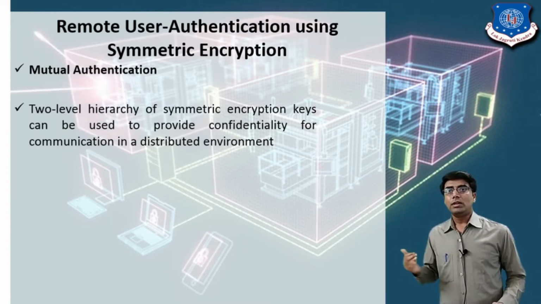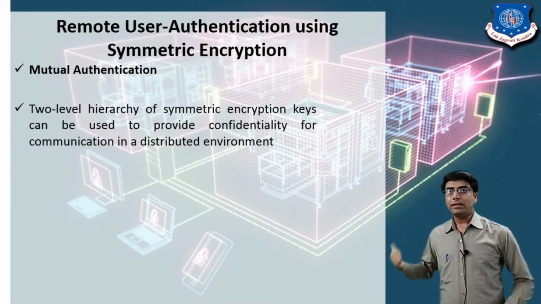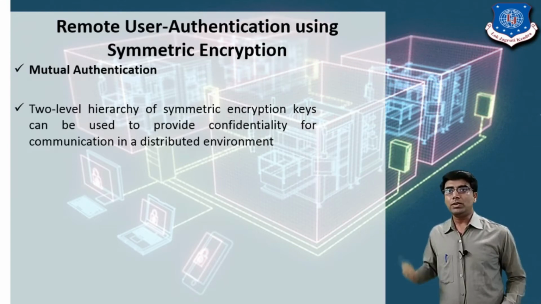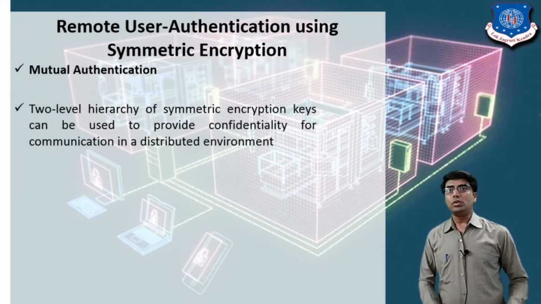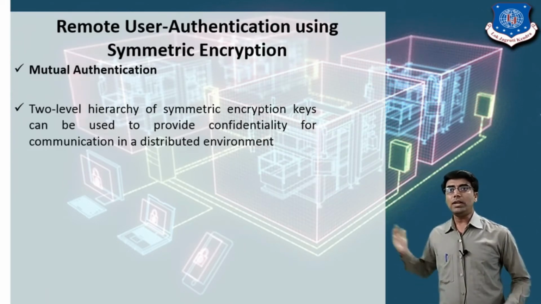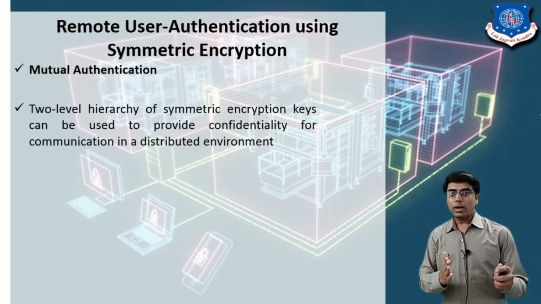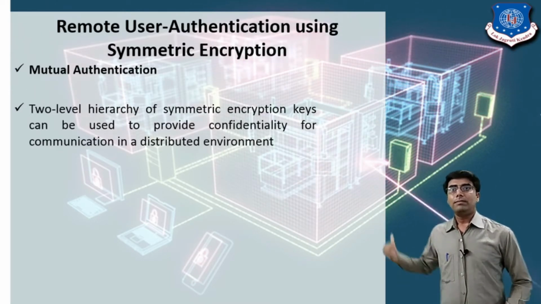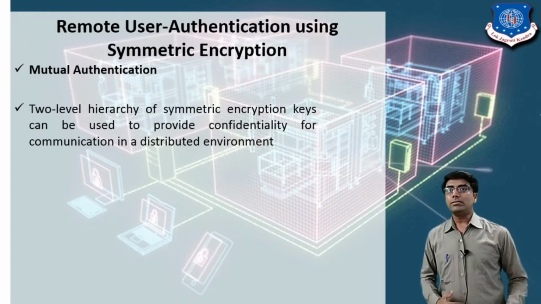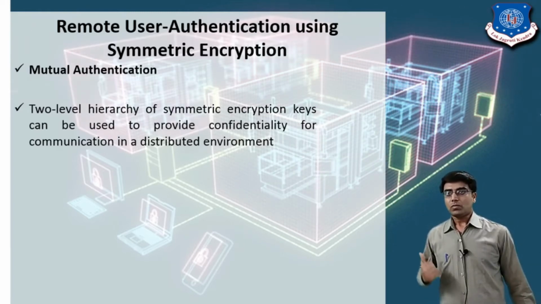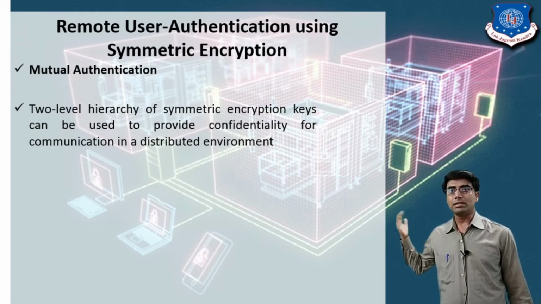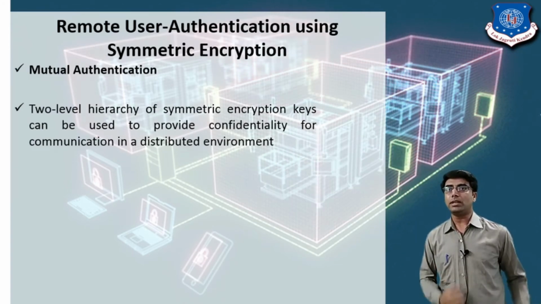The first key is used for data encryption, and the second key will be used for encryption of the session key for accessing the two different users. So the two-level hierarchy of symmetric encryption keys can be used to provide the confidentiality for communication in a distributed environment. So now here we are using the concept of the symmetric encryption key.